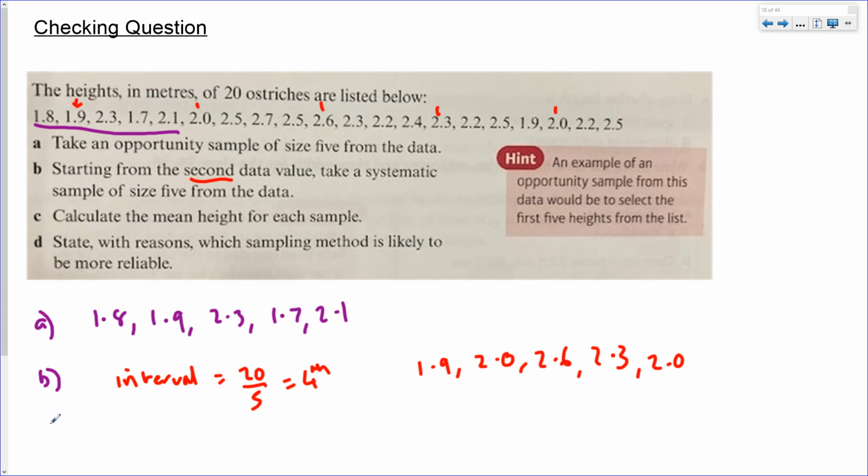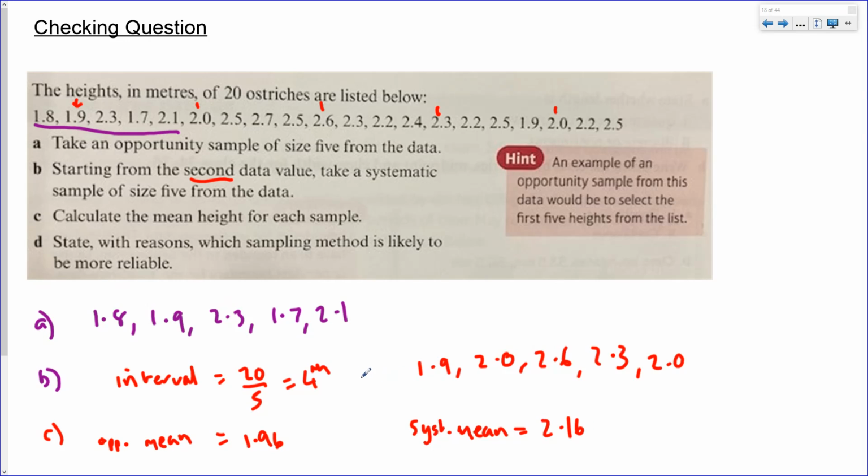Okay, part C has asked us to calculate the mean height for each sample. So for the first sample here, the opportunity mean, we add them up and divide by 5, get an answer of 1.96. And for the systematic mean, we add up these 5 numbers here and divide them by 5, giving us a mean of 2.16.